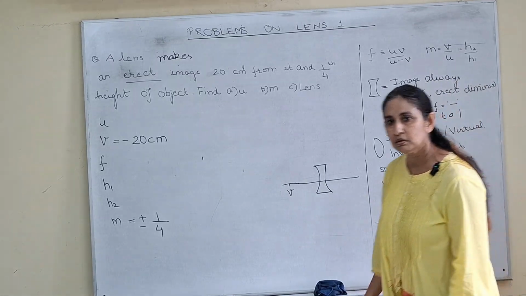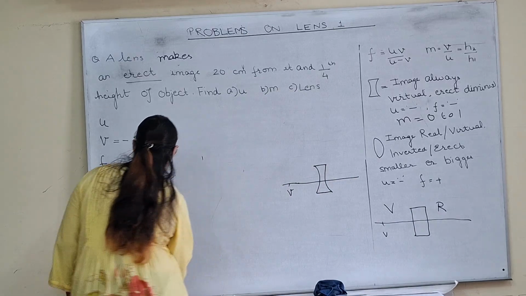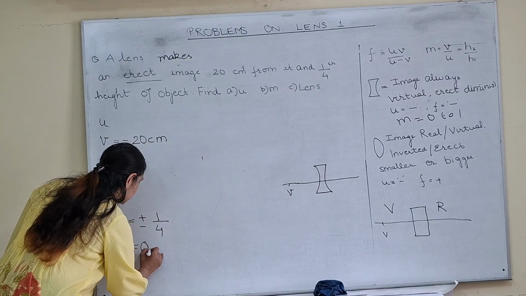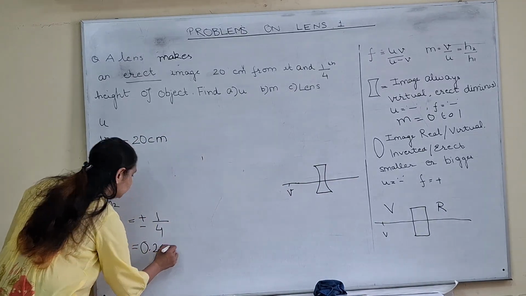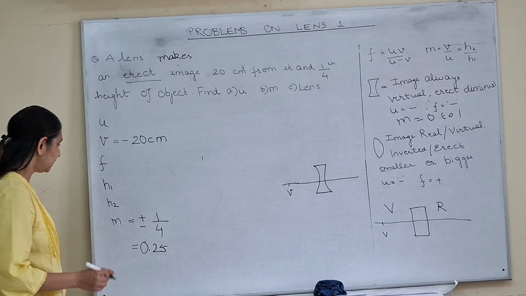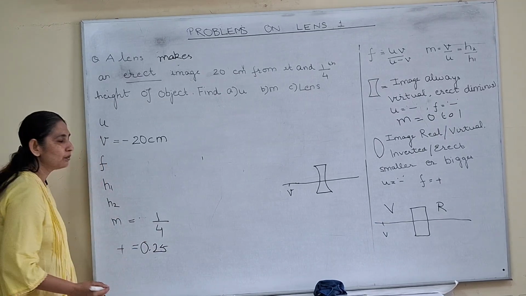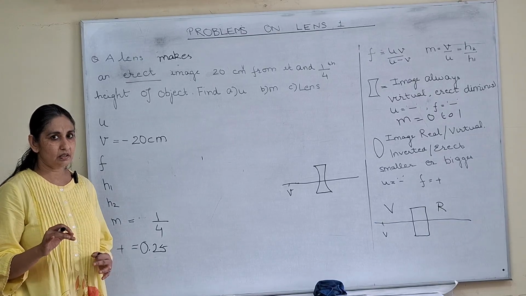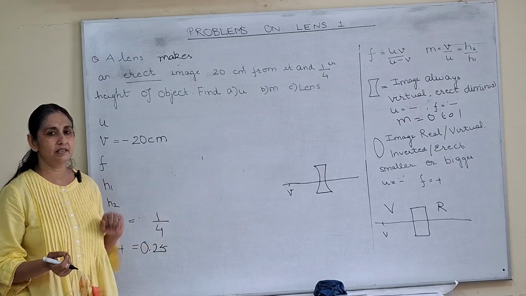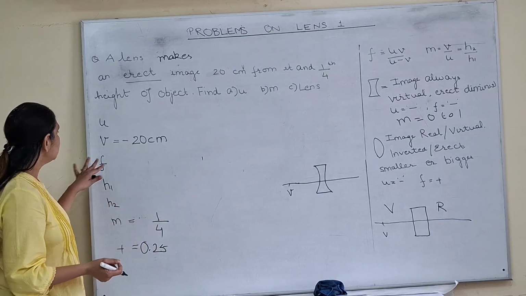And this is also 0.25. So we know that it is a concave lens and it will have only the positive side, because negative is for real images or for convex lens, right?